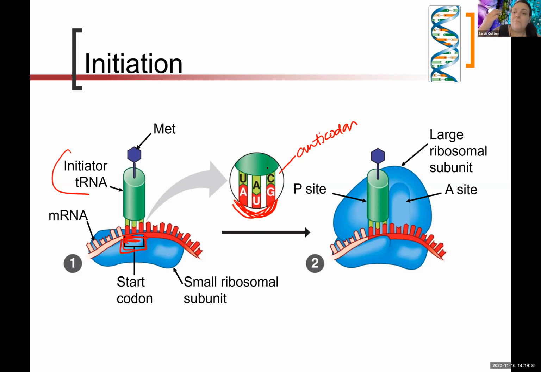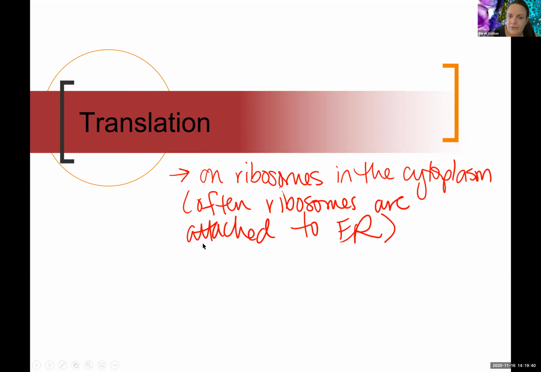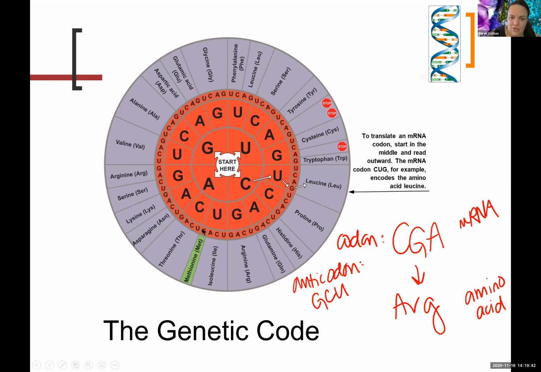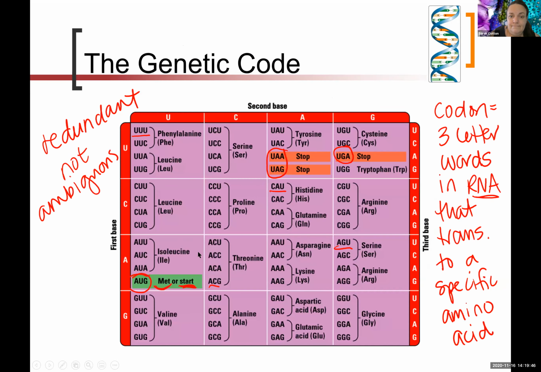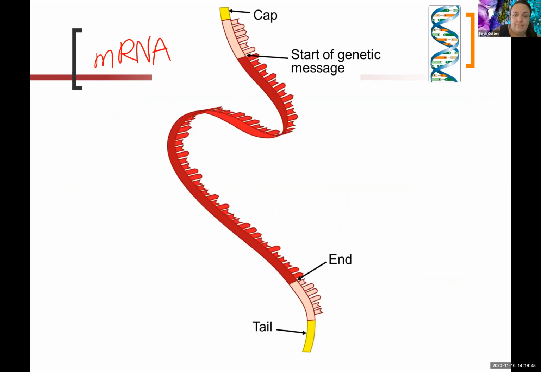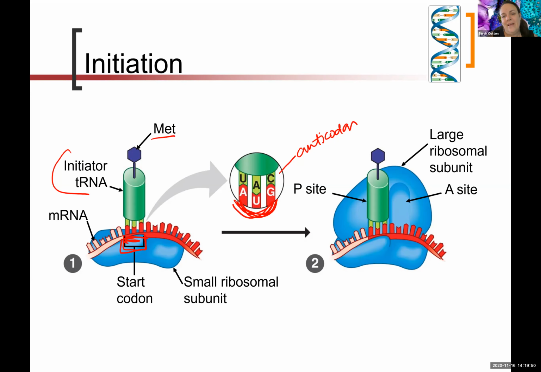And if we go back and look at our little table, AUG gives us methionine. There it is. And then the other piece of the ribosome hops on. So that's how this all comes together.